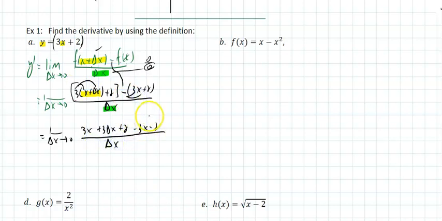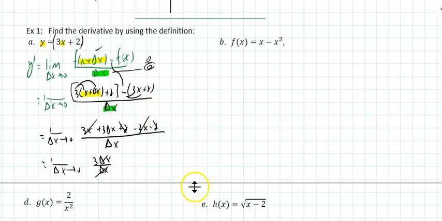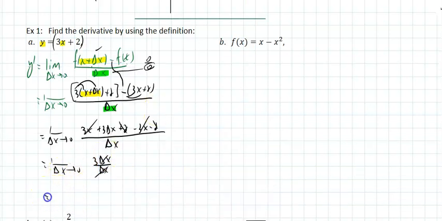You'll notice those two cancel out and those two cancel out. And once those delta x's cancel out, from what we learned, if you plug in 0, you get 3. That is the slope of the tangent line.